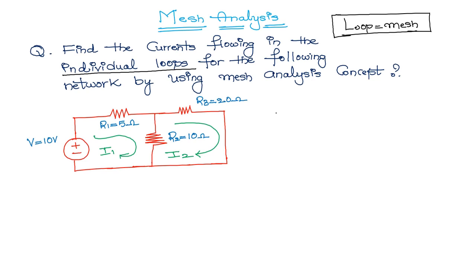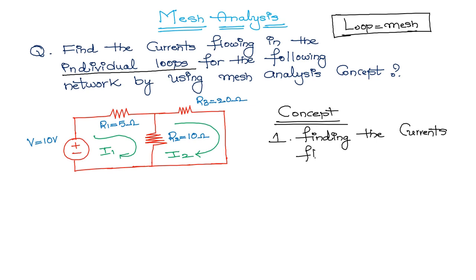So I am writing here the main concept of this mesh analysis. First thing is finding the currents flowing in the loops, or individual loops.